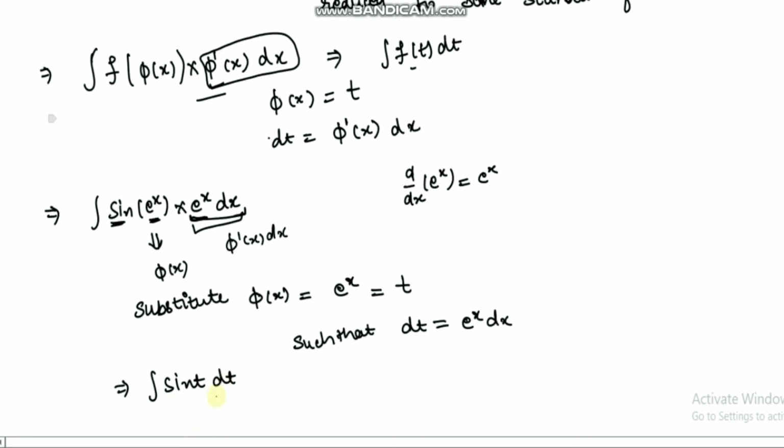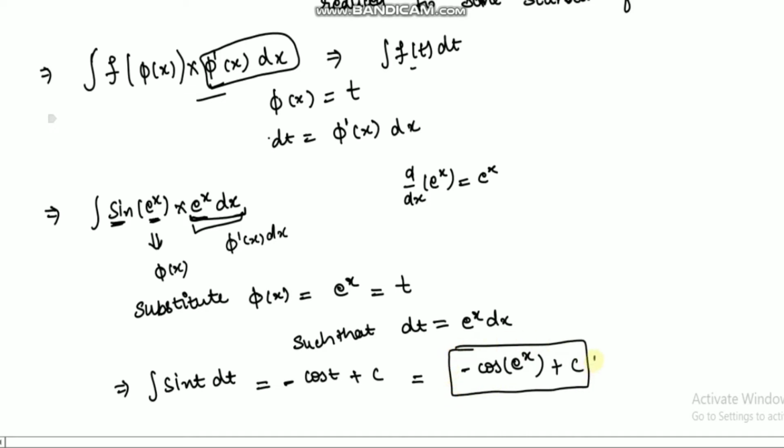You can already see that we have our standard result to solve this integration as minus cos of t plus c, and again substitute the value of t. We get minus cos of e raised to power x plus c as our final result.